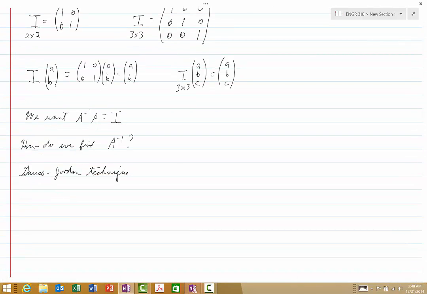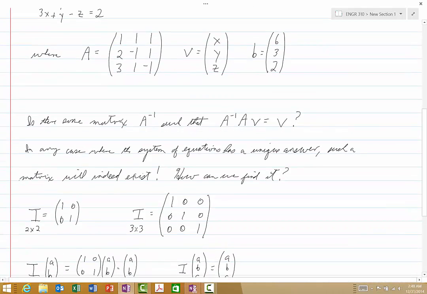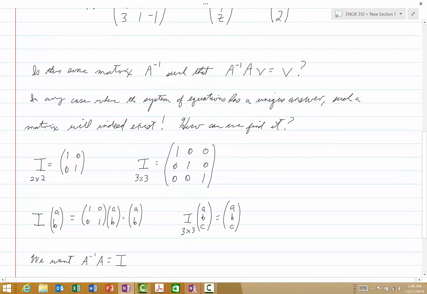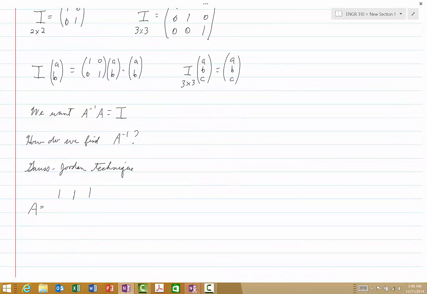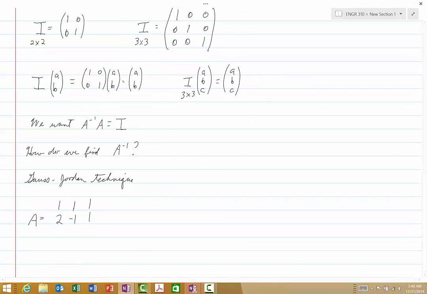And it goes as follows. Again, let's remind ourselves, the matrix for which we want to find the inverse is A, where A is [1, 1, 1; 2, -1, 1; 3, 1, -1].